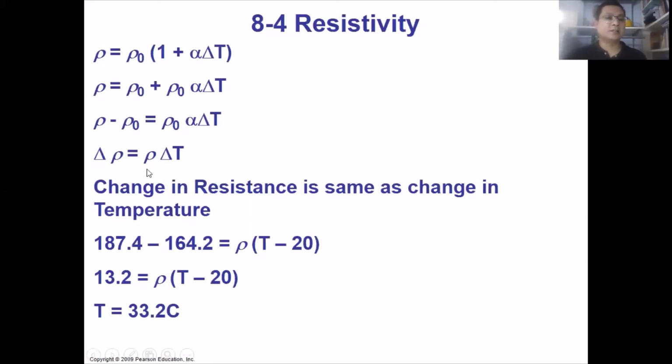Now we have simplified it, we just input the values into the equation, and then we get the temperature T of the solution. Okay, I hope this one is very clear.